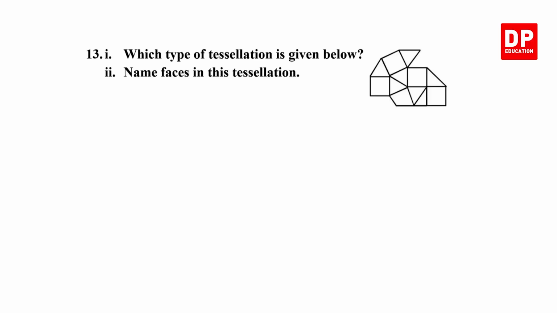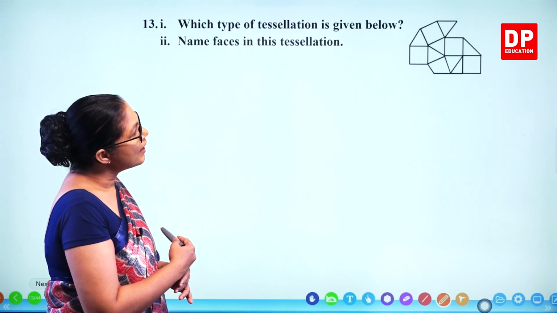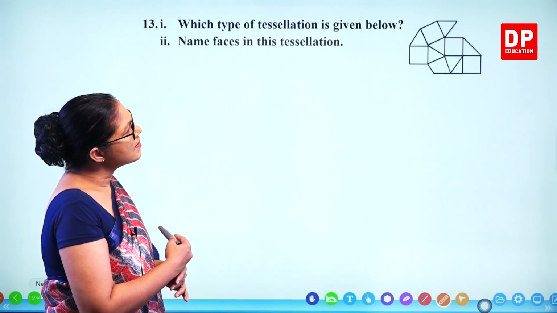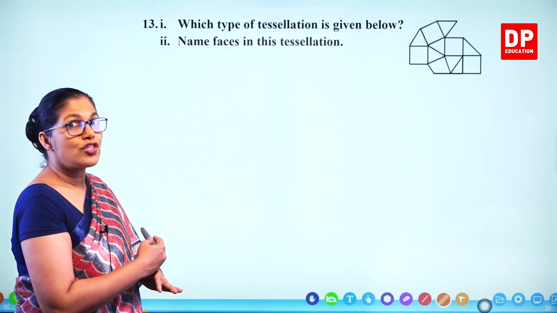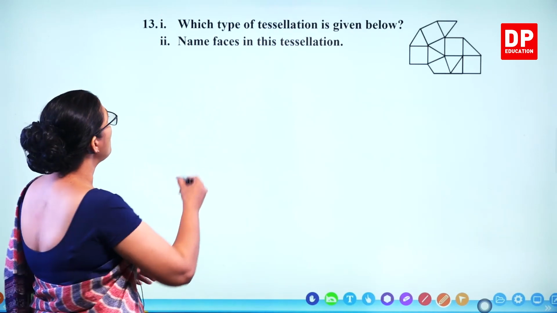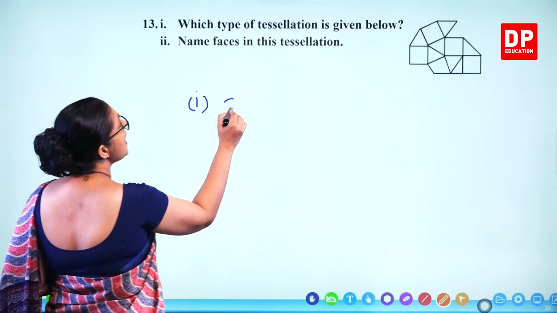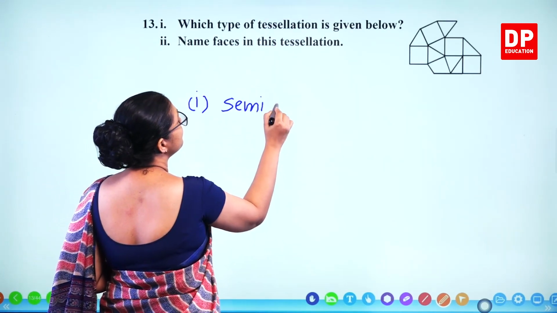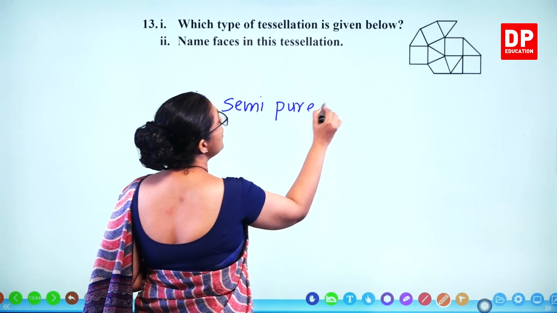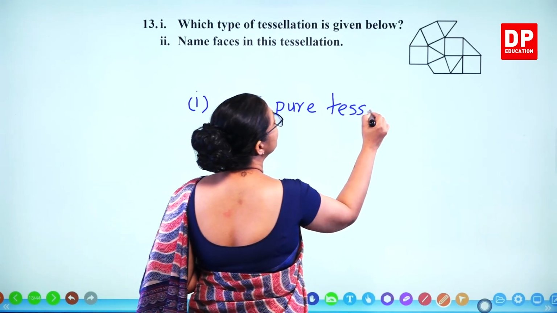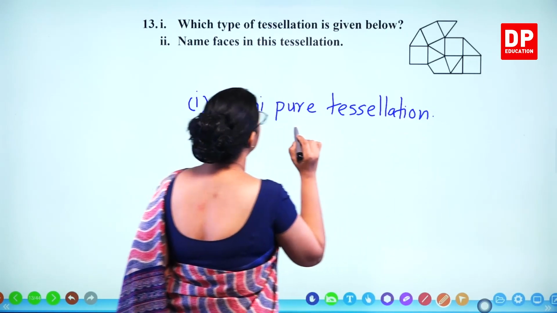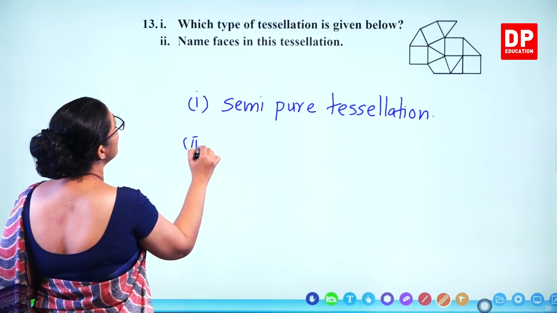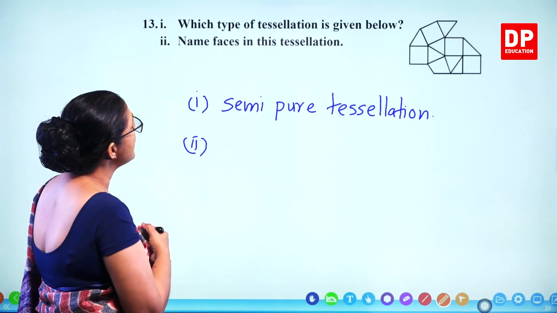Question number 13. Which type of tessellation is given below? You get triangles, squares, quadrilaterals, all these shapes. So not just one shape. So we call those semi-pure tessellation. Name faces in this tessellation.